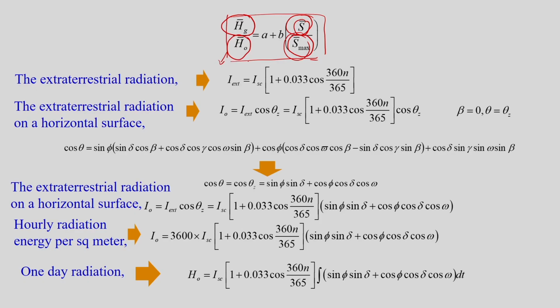As we know, this EXT, that is extraterrestrial radiation, is equal to ISC multiplied by 1 plus 0.033 cos of 360 N to 365. So, this will be in kilowatt per meter square. Okay. This expression you are already familiar with. Why this 0.033 is present here, all the information is known to you now.